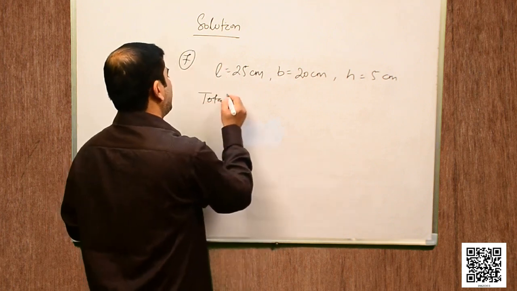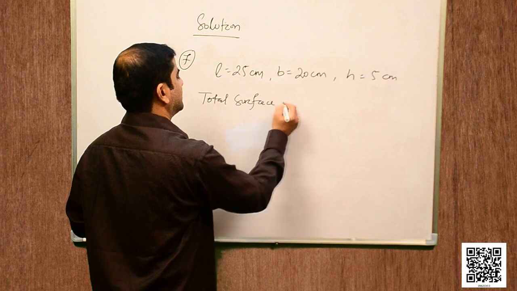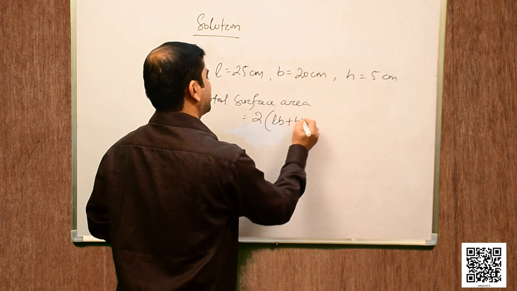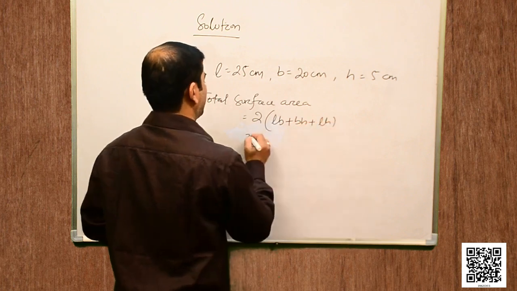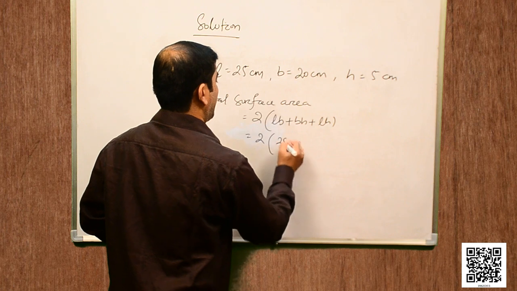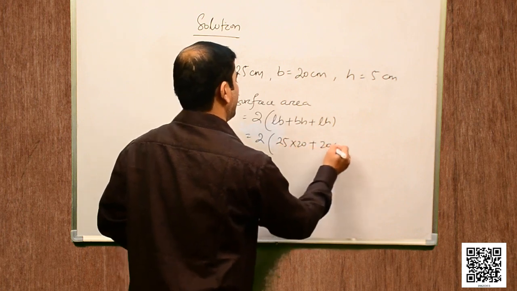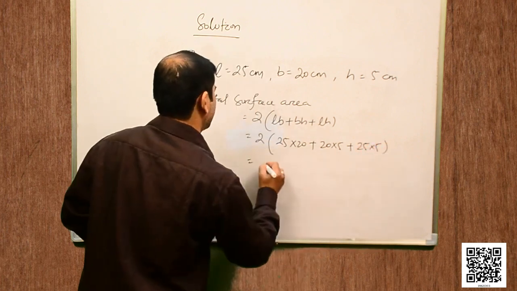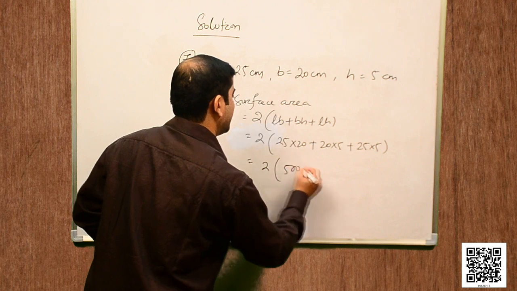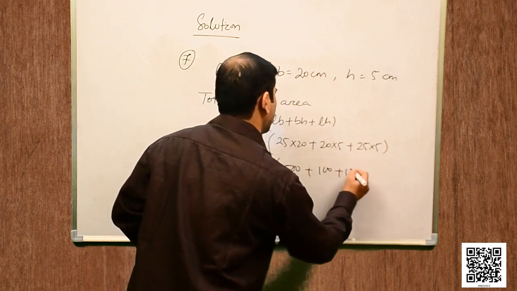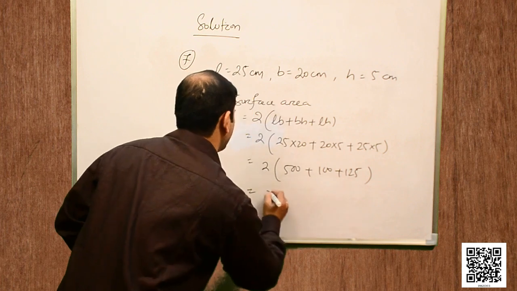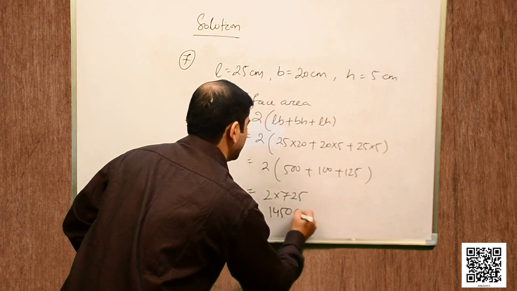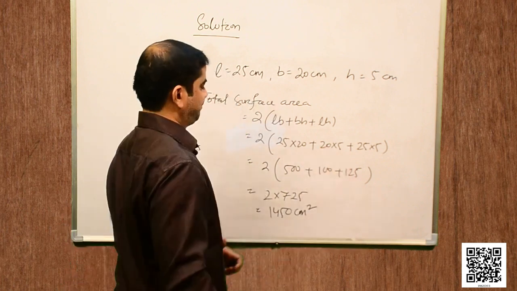Total surface area is equal to 2 into (LB plus BH plus LH), that is 2 into (25 into 20 plus 20 into 5 plus 25 into 5), that is 2 into (500 plus 100 plus 125), that is 2 into 725 or it is 1450 centimeter square.